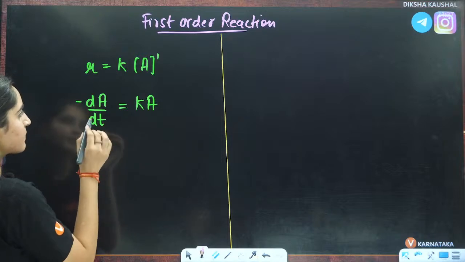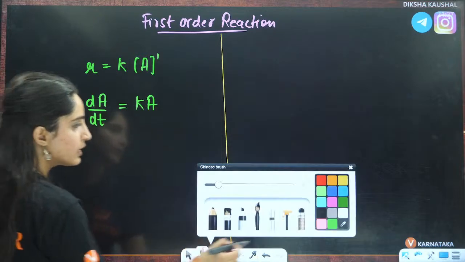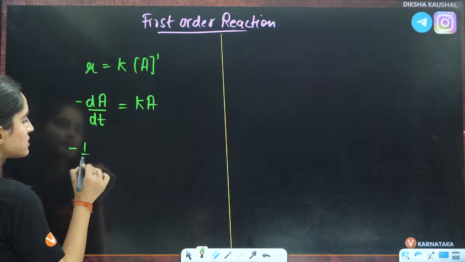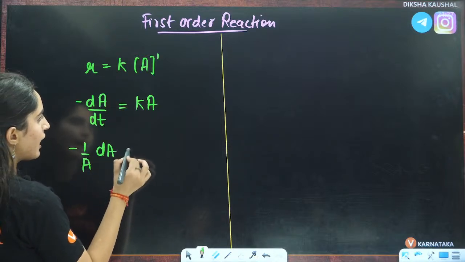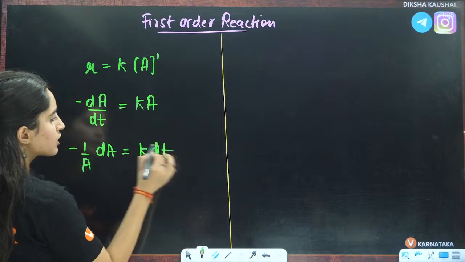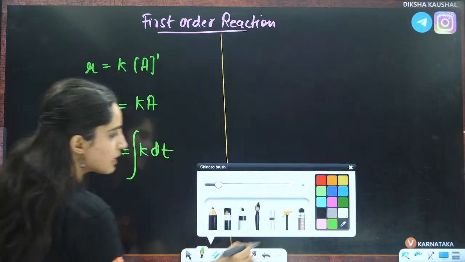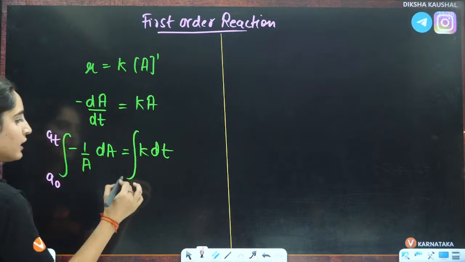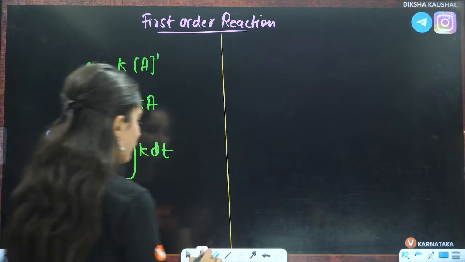Before integration, A and A should be on the same side, so it will be minus 1 by A dA equals K dt. Now we will do the integration. Here the initial value is A naught, final value is At; here initial value is 0, final value is t.